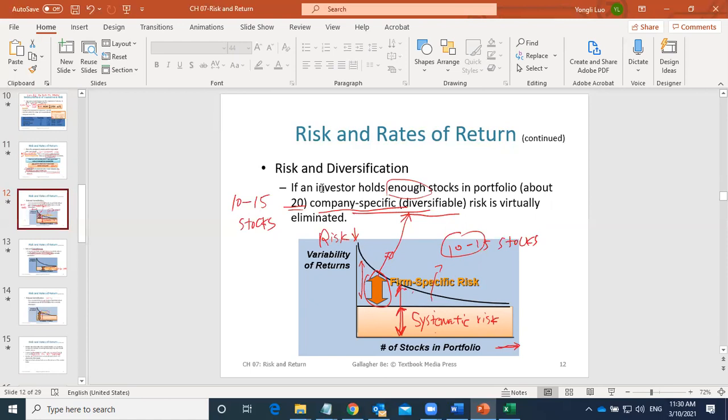The firm specific risk starts to decrease as long as you have a portfolio. And okay, empirically, if you have 10 or 15 stocks, your portfolio is fully diversified. About 20, most of the time it's just 10 or 15. So you reduced those firm specific risk. So that will be considered as the systematic risk affecting your portfolio.